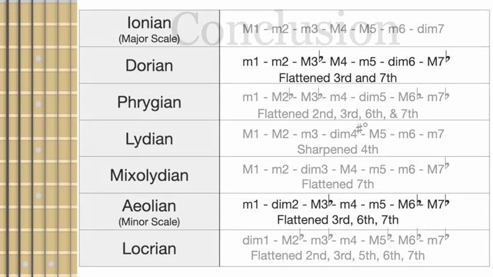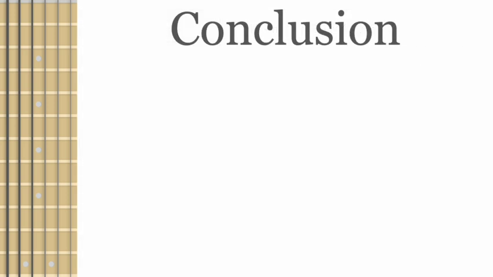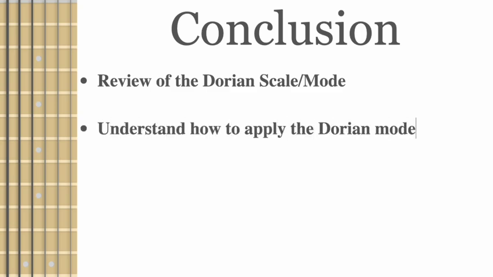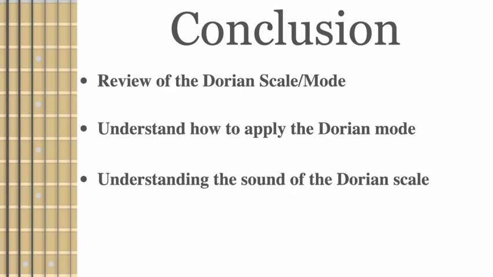So with that being said, in conclusion, this week we obviously reviewed the Dorian scale, Dorian mode. You probably hear it both ways quite often, but regardless, understanding and applying the mode, where we look for those F sharps, where to be careful on the fretboard. And we also obviously heard the sound of it.